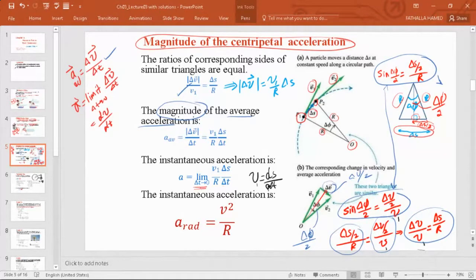When you take it in the limit as delta T goes to 0, that's what we do when we take the limit, you're going to get dS by dt.